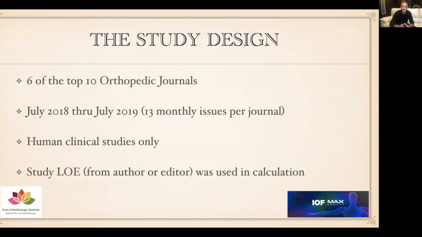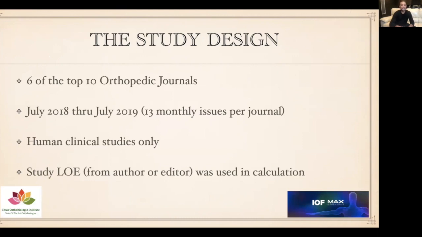And so this is our study design. We used 6 of those top 10 journals based on the Google Scholar H5 index. We looked at 1 year time interval for all of the journals, which actually was 13 months since each journal was published once a month. We only looked at human clinical studies, so we eliminated basic science or drug interventions.